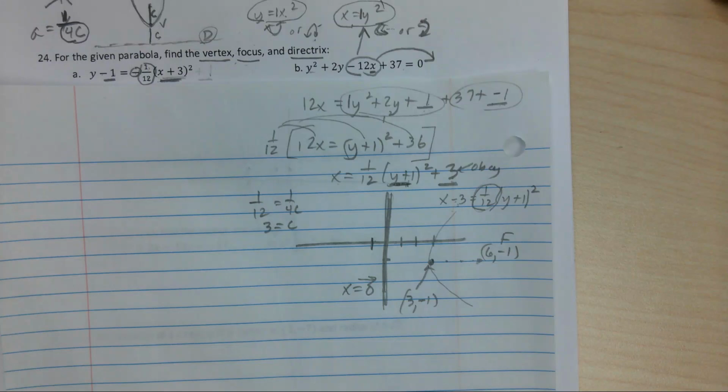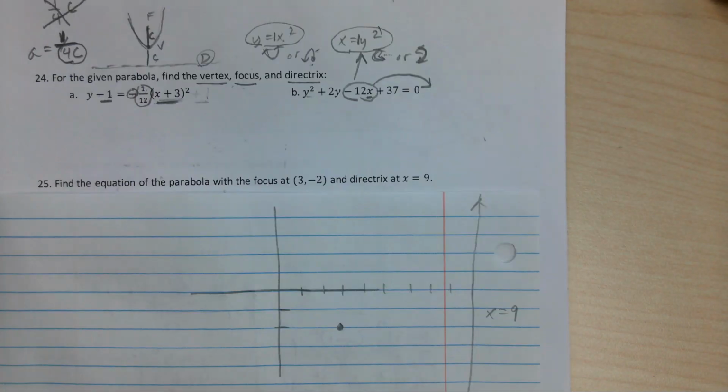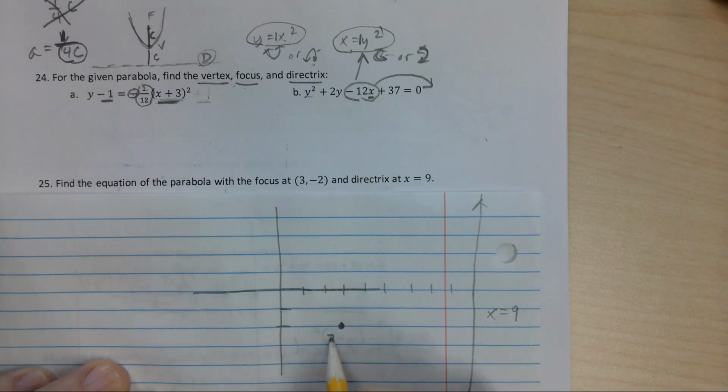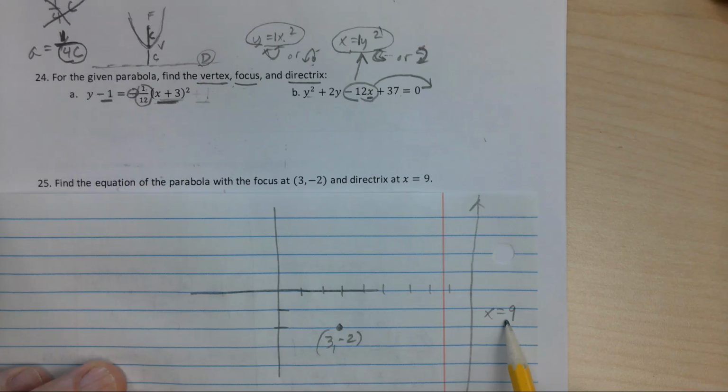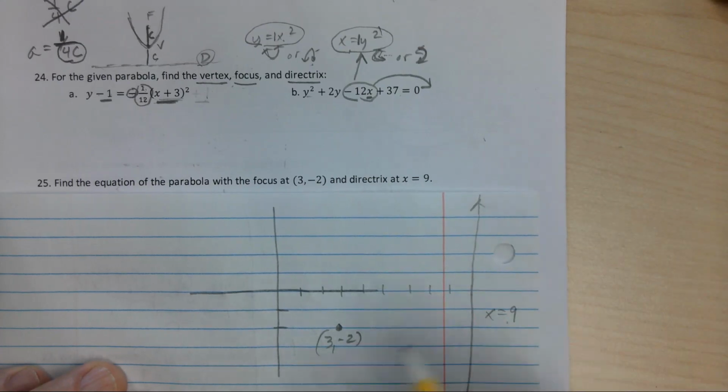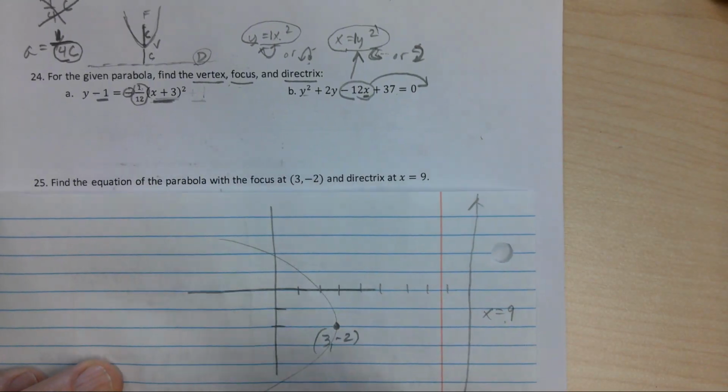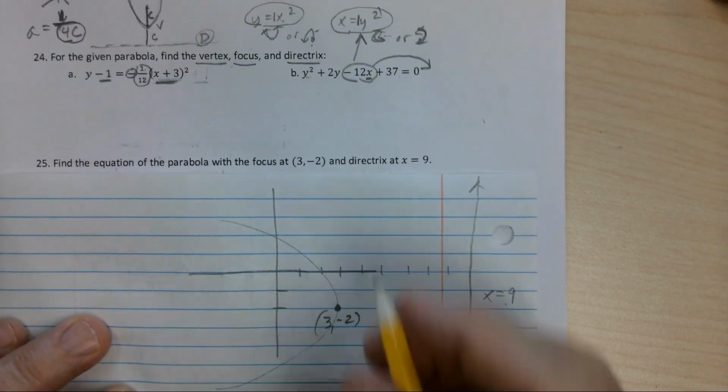Vertical line, x equals. Okay, number 25, find the equation parabola, focus 3, -2. There it is. Let me label it. Directrix, x equals 9. That's our dirt. So we know that this is going to blossom away from the dirt. That's huge.